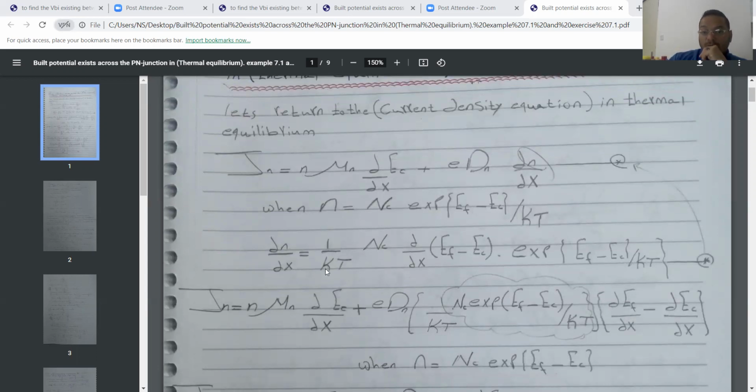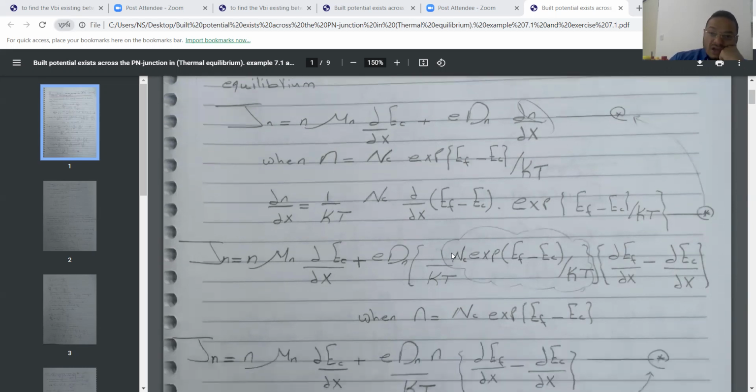It is 1 divided by kT, times the effective density, times the derivative with respect to x of the Fermi energy level minus the conduction energy band, times the same exponential. Now, as we know and as we write here, n equals the effective density of electrons times the exponential of the Fermi level minus the conduction band divided by kT. That means we can put n instead of these two elements.